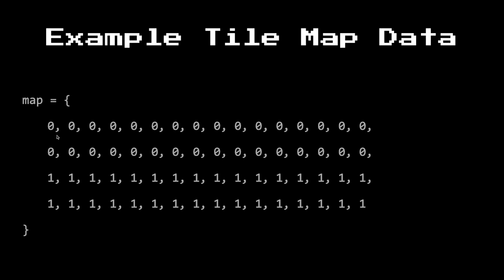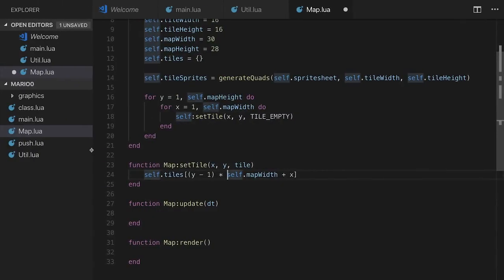But if y is equal to 2, y gets subtracted to 1, times the map width, which puts us right here, and then we add x to that. Let's say x is 1, we get this tile, x is 3, we get this tile, and so on. So y gets multiplied by the map width, and then you add x to that, and that allows you to index into your one-dimensional array as if it were a two-dimensional array.